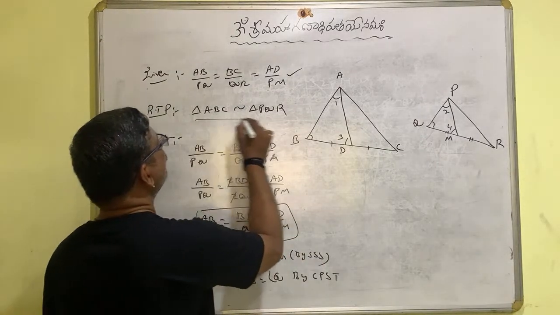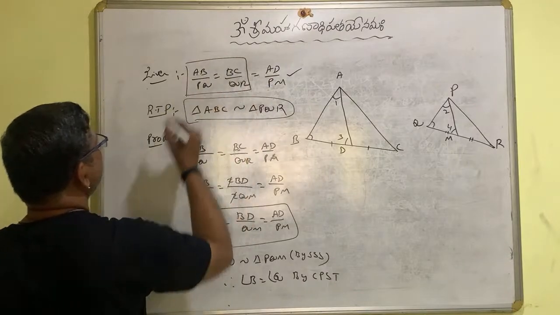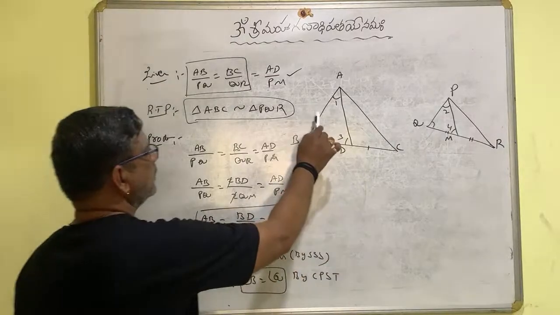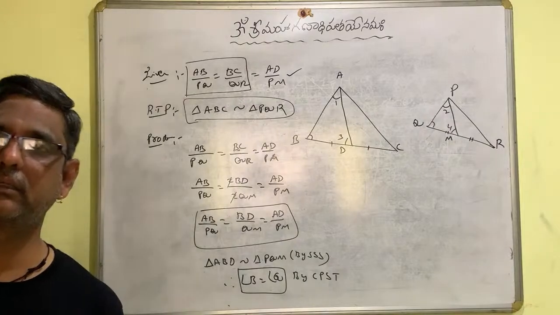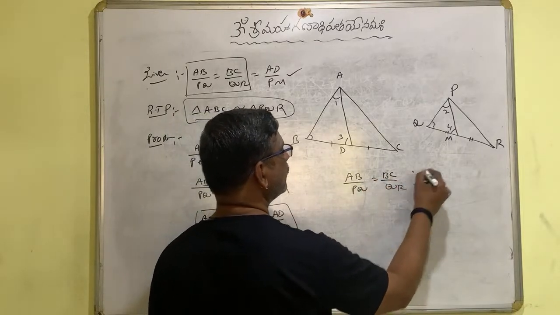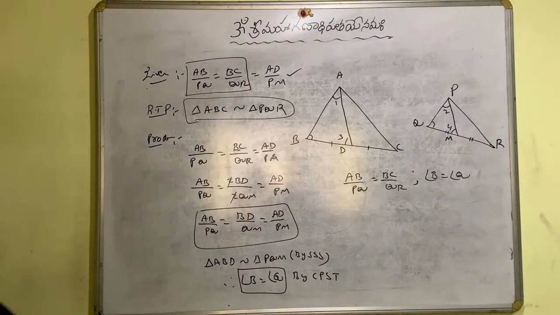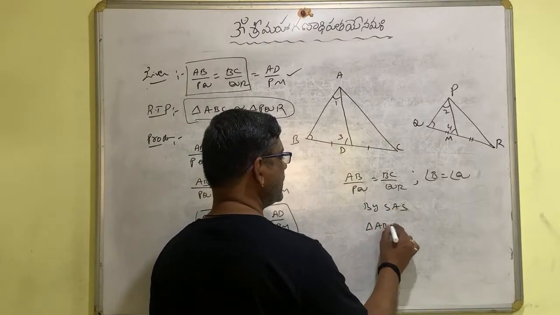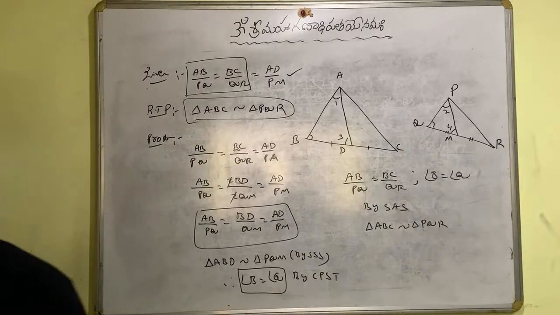I need to prove this one. If you observe these two ratios and these two angles, AB by PQ is equal to BC by QR, and angle B is equal to angle Q. If you observe these parts, by SAS criteria, triangle ABC is similar to triangle PQR.